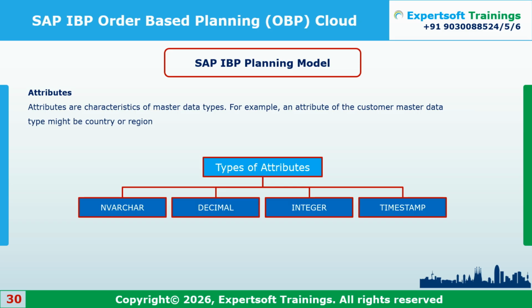Decimal is like if you are dealing with, let us say, inventory planning, so we have our target service levels, right? If you are maintaining your sourcing rules, what are the different sourcing rules we have in time series?